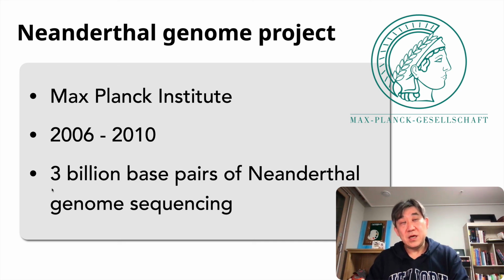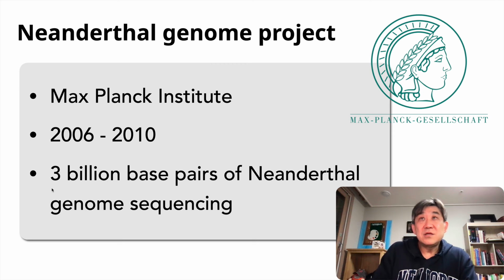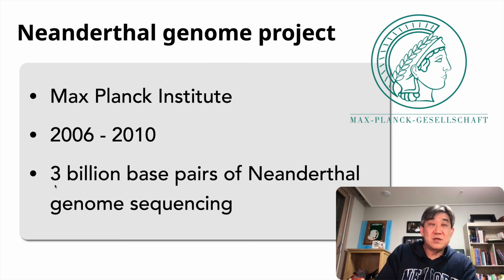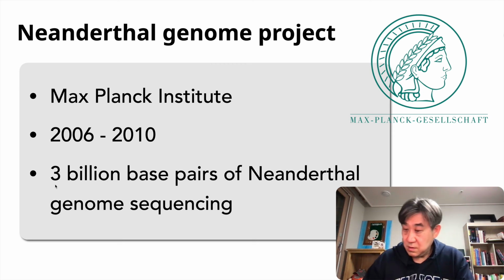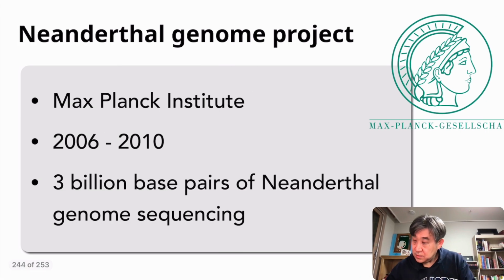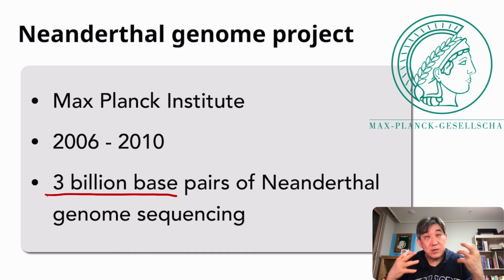The Neanderthal genome also consists of 3 billion nucleotide base pairs, because it is a double helix DNA sequence. So it is identical in number to that of humans.